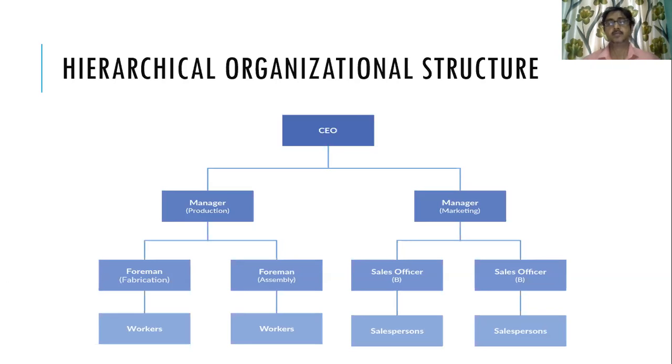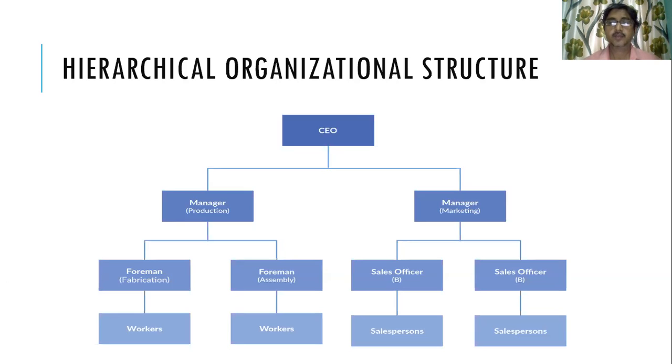Multiple workers are there, the number of workers is not actually mentioned here. Similarly, for the marketing manager, sales officer A and sales officer B. It should be A and B, or it's written B in both the cases, A and B. And under the supervision of the sales officer, we have salesperson. So this way the structure is distributed.